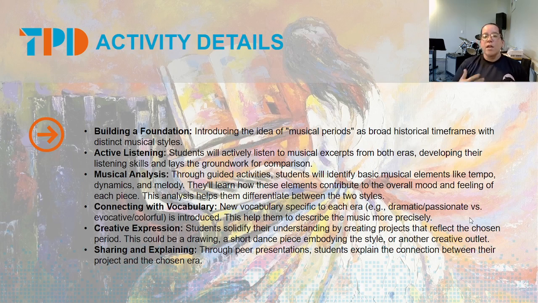And through guided activities, the students will identify the basic musical elements for each era, like tempo, dynamics, melody, and how these elements contribute to an overall mood that is very characteristic of each era. Of course, new vocabulary will come out, like I said, it can be dramatic and passionate for Romanticism, and evocative or colorful for the Impressionists.